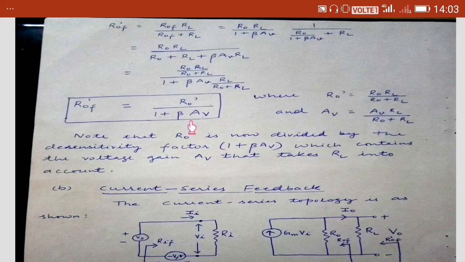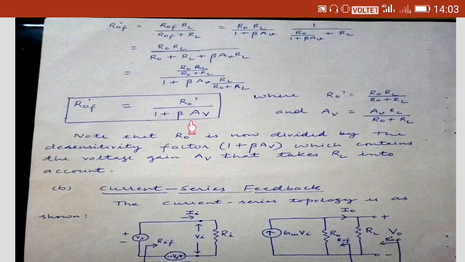This is our standard expression of ROF dash. ROF dash is RO dash upon 1 plus beta A capital V. What is RO dash? RO dash is the parallel combination of R naught and RL. And what is A capital V? A capital V is A small v into RL upon R naught plus RL.